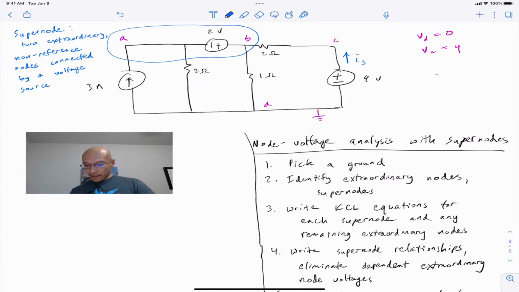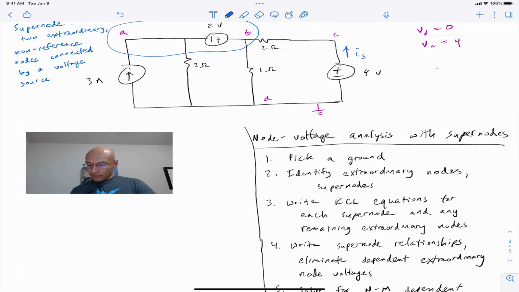So to analyze a circuit with supernodes, we do the following. We first pick a ground. Second, we identify all extraordinary nodes and all supernodes after we've picked our ground. So let's say, for example, that we have M supernodes and N total extraordinary nodes.